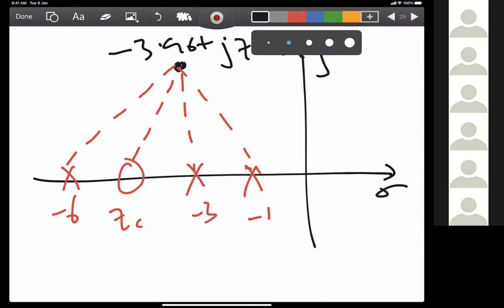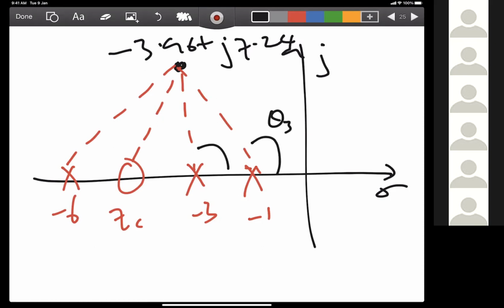So let this angle be theta 3, theta 2, theta. Zeta omega n should equal 3.96, right?